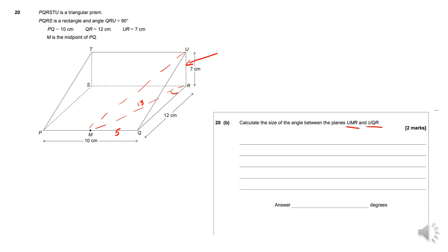So you're looking for an angle. You've got 3 of the sides of a triangle, so you could quite easily use cosine rule. Now, cosine rule normally is A squared equals B squared plus C squared minus 2BC cos A.